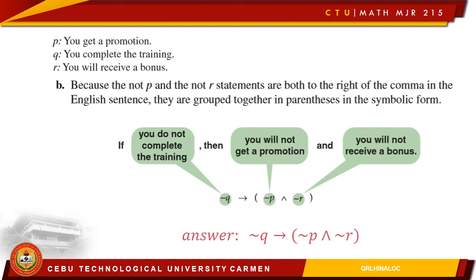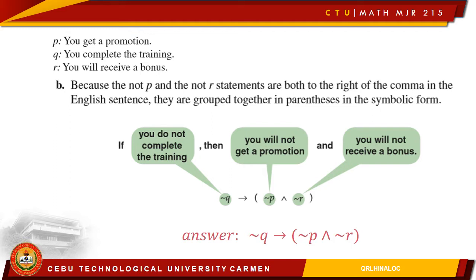Next, we're going to translate from the statement into symbolic form. You will notice that the statements are negations of the original statements. So we put a tilde, meaning we negate the statement.